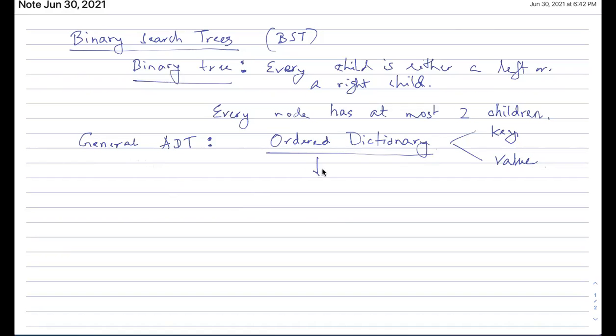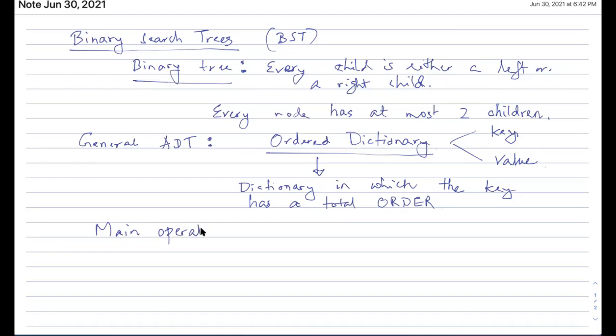So the definition of this would be a dictionary in which the key has a total order. And the main operations that we would like to perform, of course, when it comes to just dictionary, the main operation we perform is just look up, right?